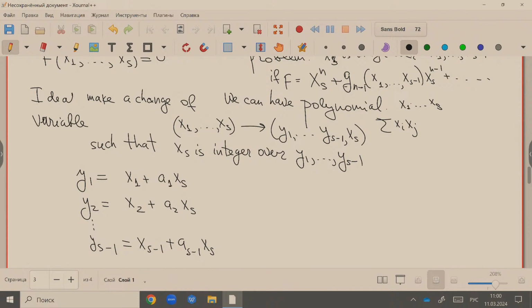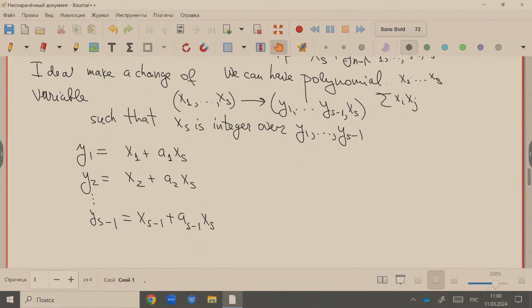Yeah? So you can recover, so let me take not plus but minus. So you will understand why. So it is more convenient for me. You can recover xi's via just adding yi plus ai xs.